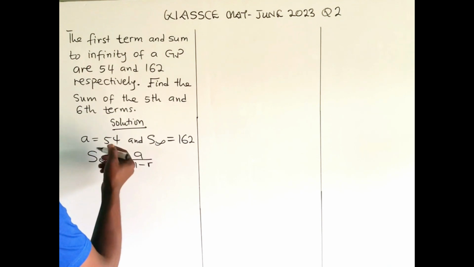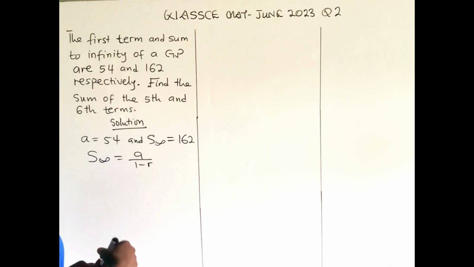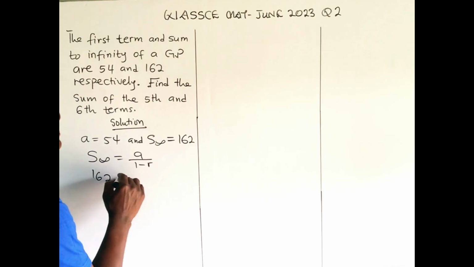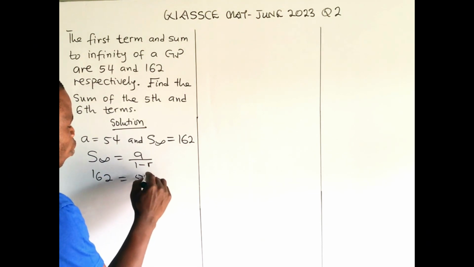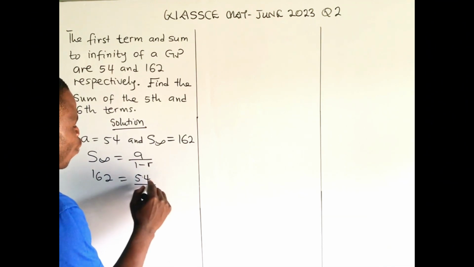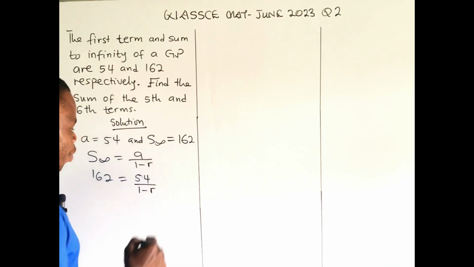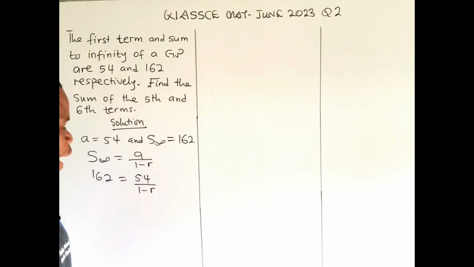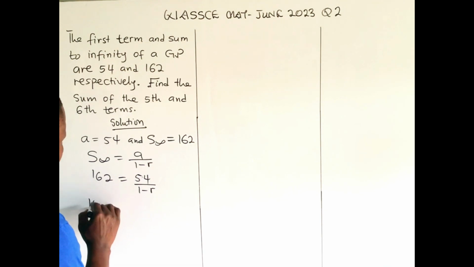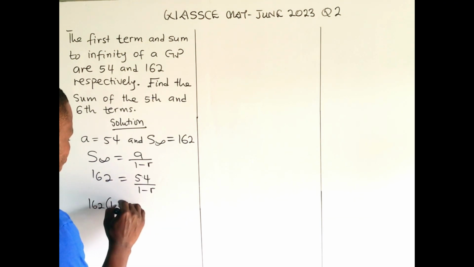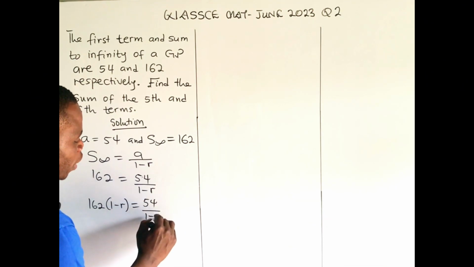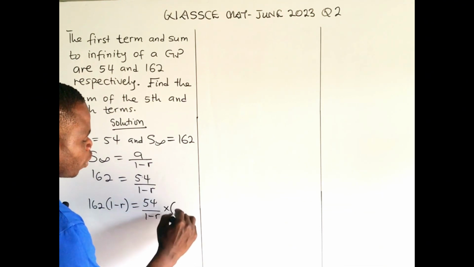Substituting the first term and the sum to infinity into this equation, we have 162 is equal to 54 over 1 minus r. Then we multiply both sides by the denominator, which is 1 minus r. So here I have 162 times 1 minus r, which is equal to 54 over 1 minus r times 1 minus r.